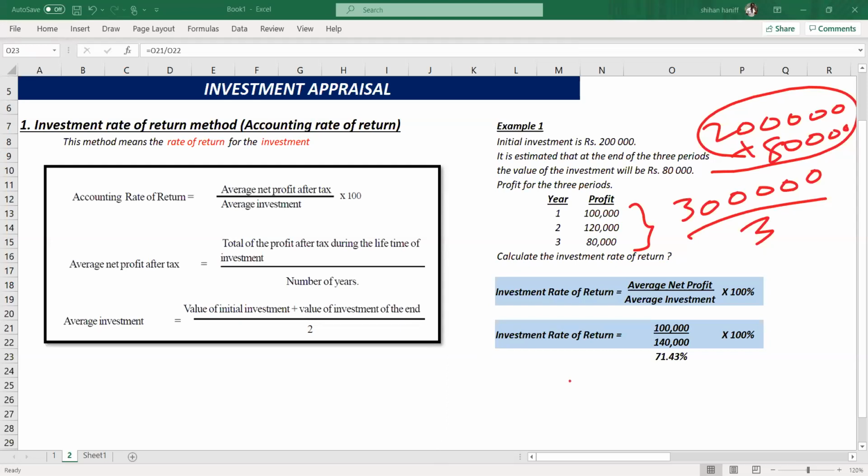Now the second point is the second method. Number 2 is payback period. Is this clear for everyone? Very simple. Average profit divided by average investment. So you get what is the return on your investment.